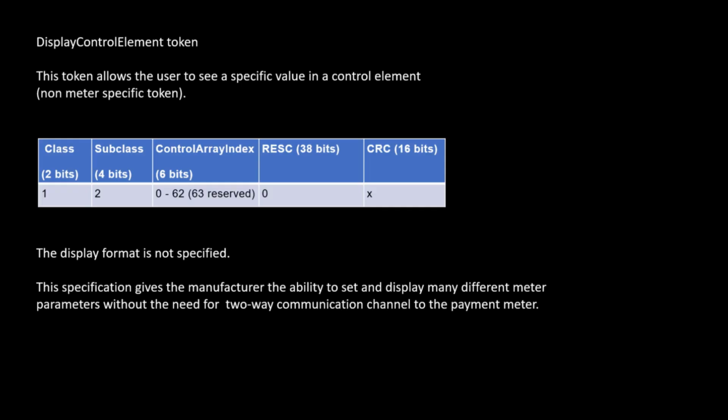Look at the document. It's actually quite a powerful set of tokens, very useful. Of course, if you're using DLMS COSEM, this is probably not required, however, they are there to be able to set different flags and different control values in the meter and read them back.